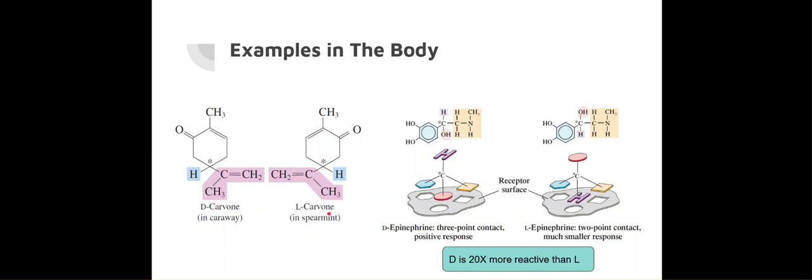But L-carvone, in a levorotary formation, gives you a spearmint flavor. These are very different flavors. Caraway and spearmint, I think, are very different from each other. And it's all the same compound, just whether it's in a right or left formation.